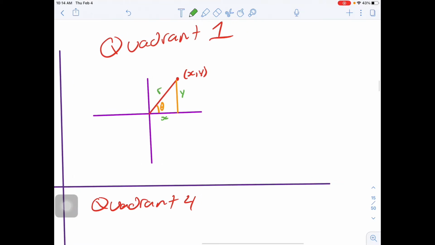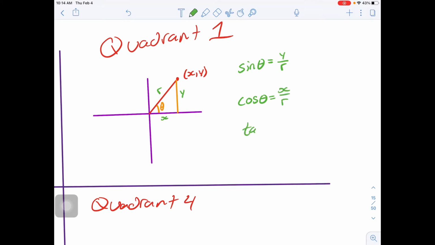Again, we have our sine angle being the opposite, so y, over hypotenuse, which is r. And then what is cos here? Cos angle is adjacent, so x over r.